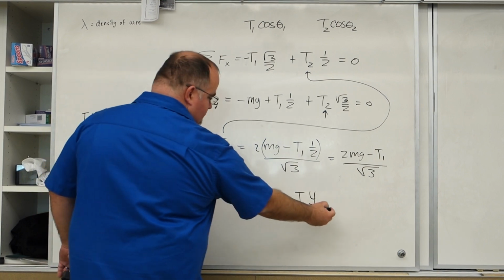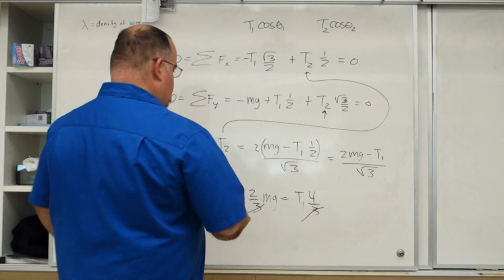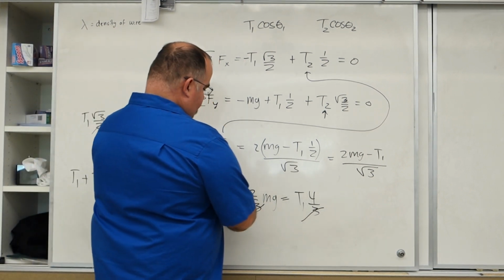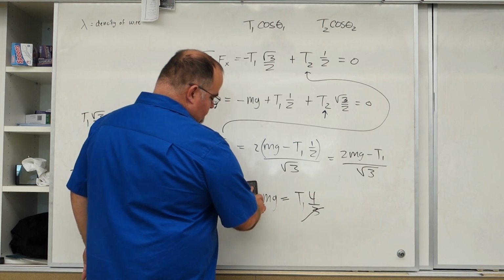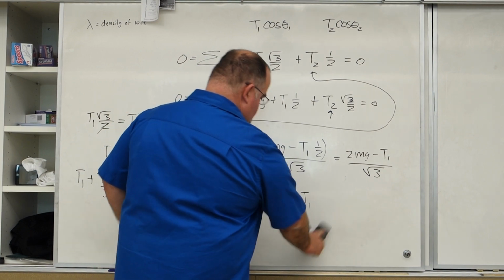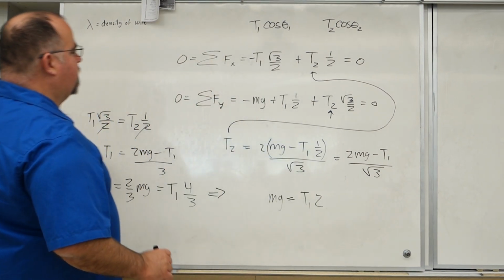That cancels that. That cancels that. So then T1's going to be, yeah, we can simplify. We can get rid of this. And then finally we get T1.